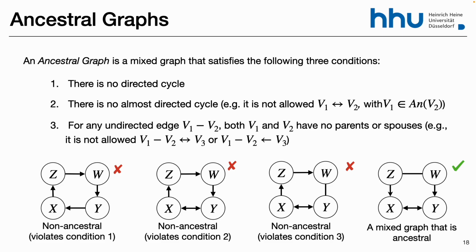And before going to the next, I want to show you why those conditions exist. So the ancestral graph, by the name you can guess, it's representing ancestral relationships. So the edges no longer are only direct in the sense of immediate causes.